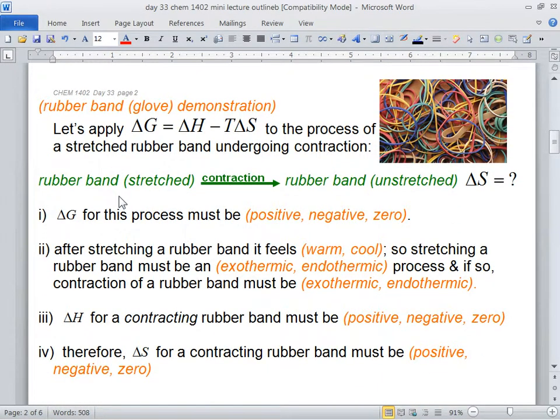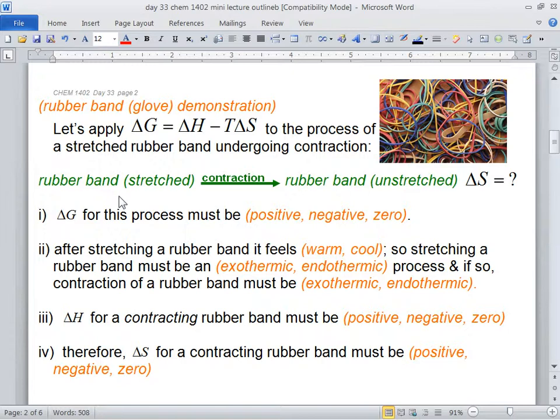Okay, so we don't have rubber bands, but I gave you these little balloons. Now don't stretch them yet, because this isn't going to work if you stretch them first. So let's apply this thermodynamic equation, delta G equals delta H minus T delta S, to the process of a stretched rubber band. Well, stretched balloon.